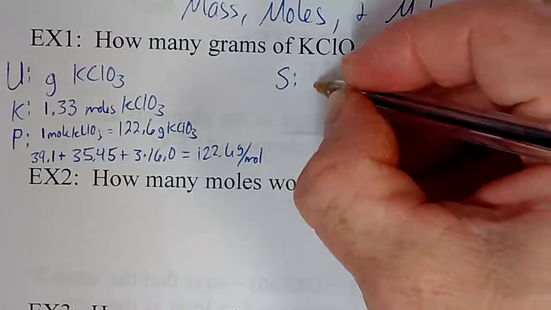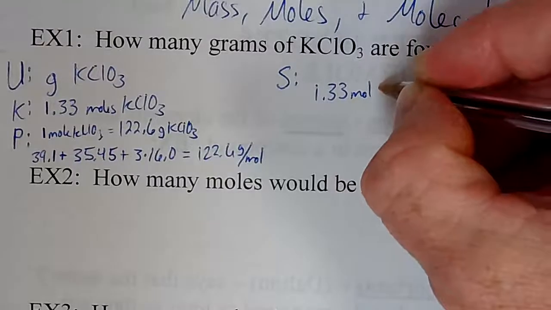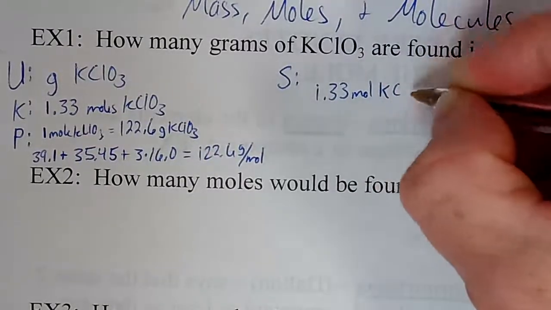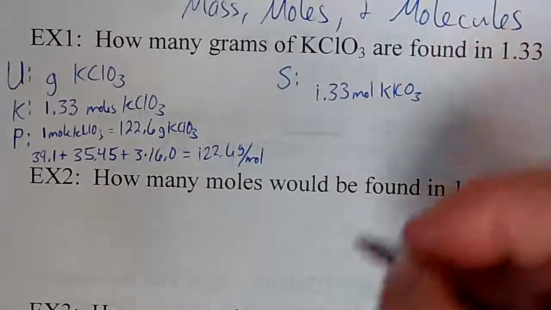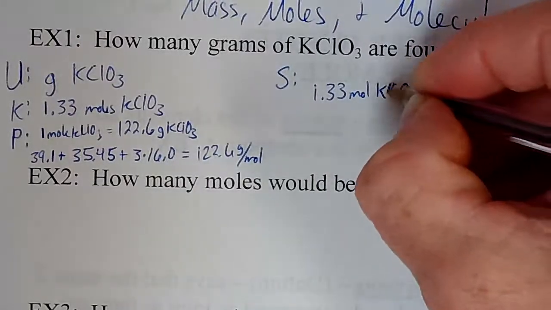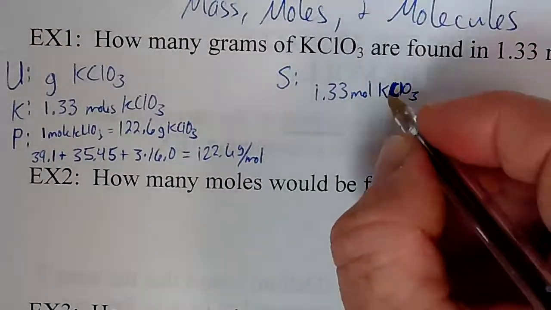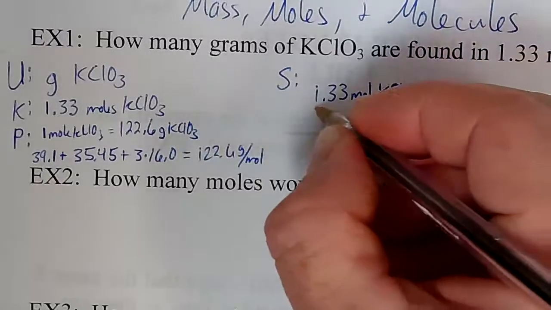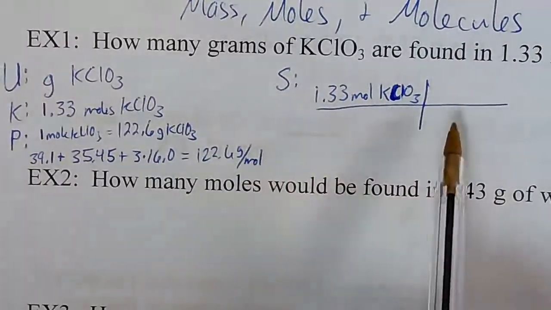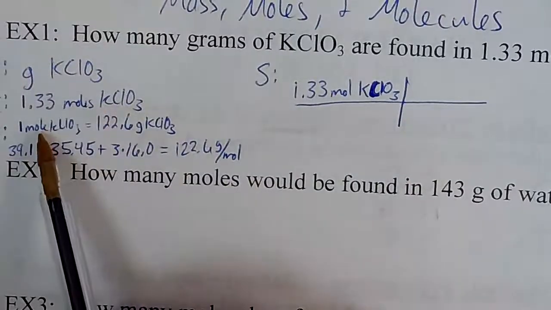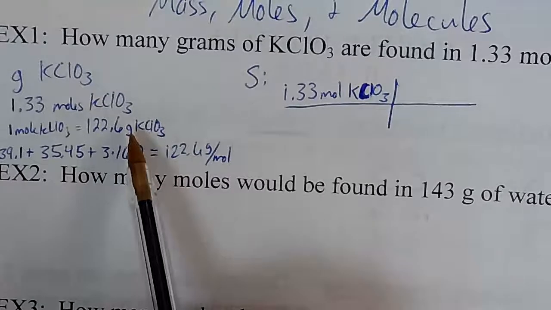So let's put our 1.33 moles. I know it's been a little while since we've done this, so maybe you're still a little bit rusty, and that's okay. KClO3. All right, so we're going to use this conversion: 1 mole equals 122.6 grams.